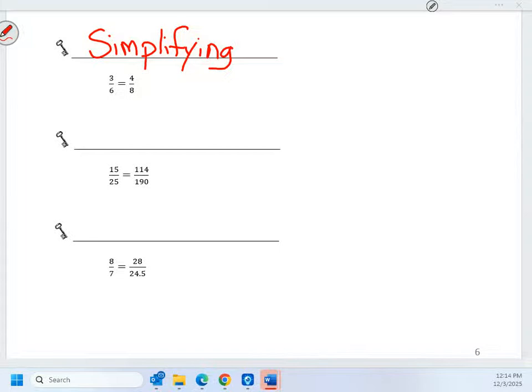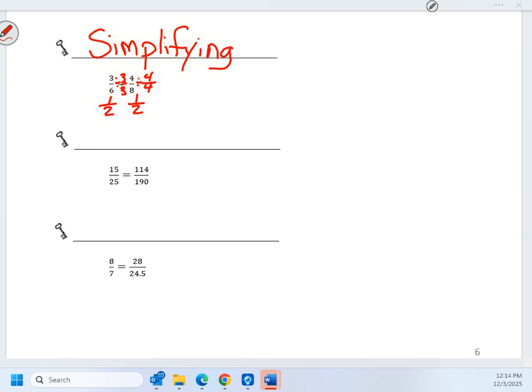I know 4/8 can get smaller. I can divide 3/6 by that scale factor of 3, and I would get 1/2. I can divide 4/8 by a scale factor of 4, and I get 1/2. It simplifies down to the same fraction, it's a proportion. Right, equivalent, multiplying up by the same scale factor, dividing down by the same scale factor, they're proportionate. Simplifying down, if I can simplify down to the same fraction, it's a proportion.